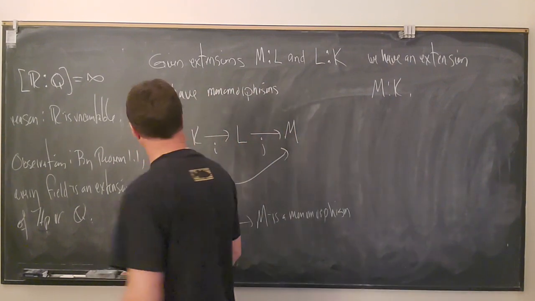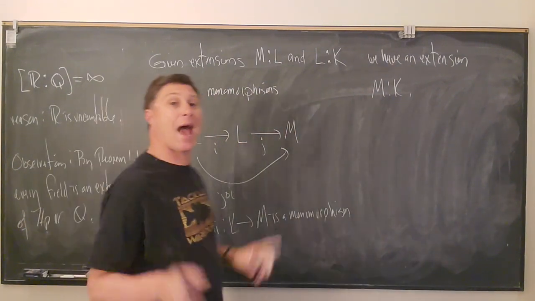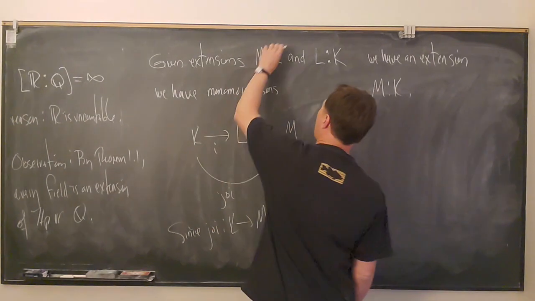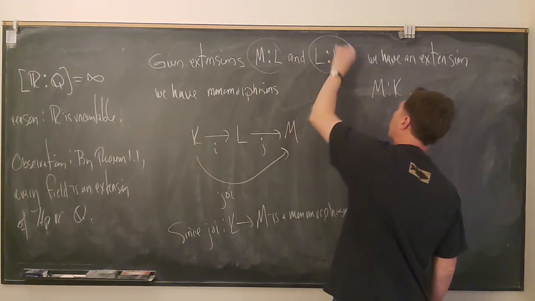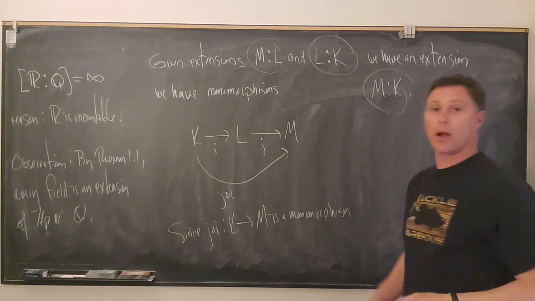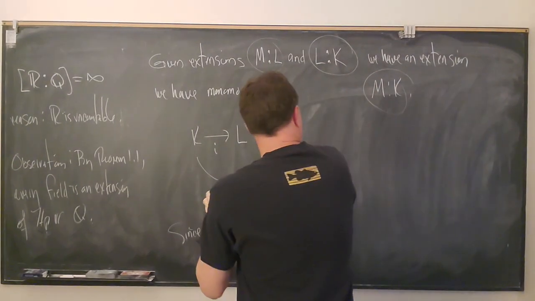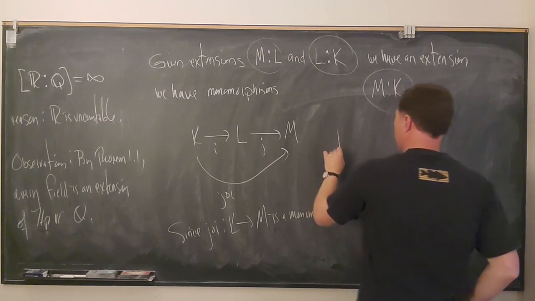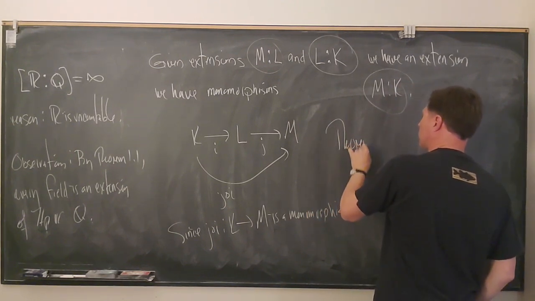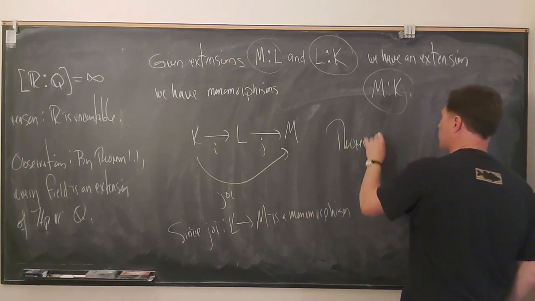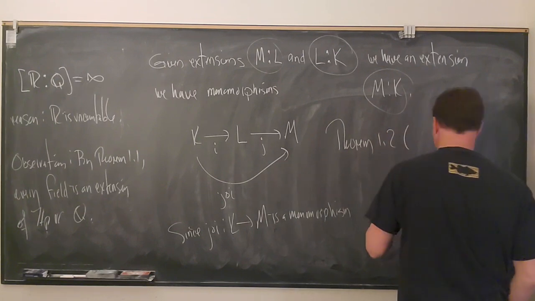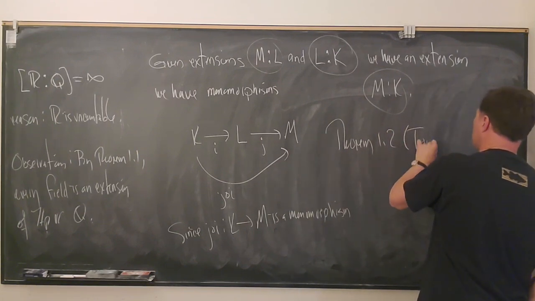And so a natural question would be, how do the degrees of M over L, L over K, and M over K compare? This is our next theorem, Theorem 1.2. This one has a name, it's called the Tower Law.